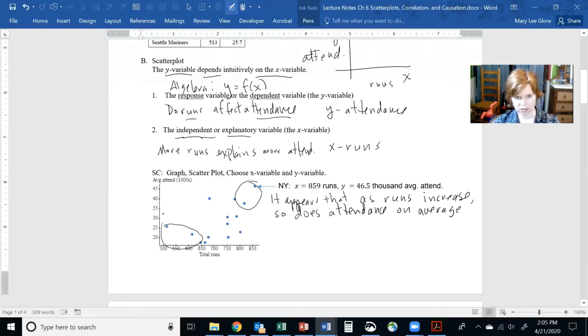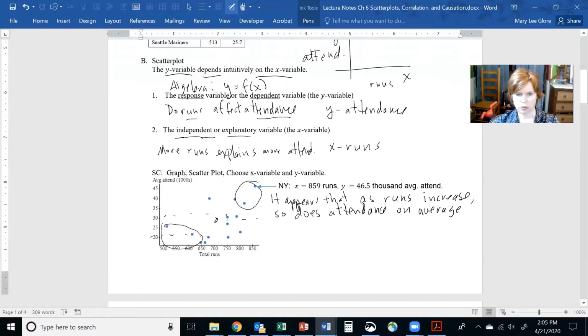But in general, if I look at what's happening on average at these different areas, so like if I looked in the middle, around here, that might be an average for these, here's an average. So basically, as X is getting bigger, Y is getting bigger, all right?